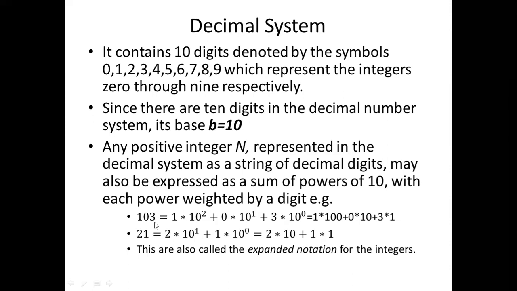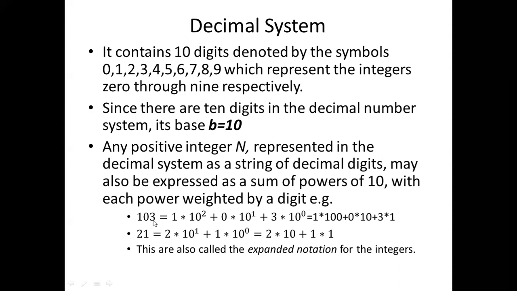This number can be expressed as a sum of powers of 10, where we multiply 1 by 10 to the power of something, then add 0 times 10 to the power of something, and then 3 times 10 to the power of something. Now, how do we determine to which power we are supposed to raise our 10?